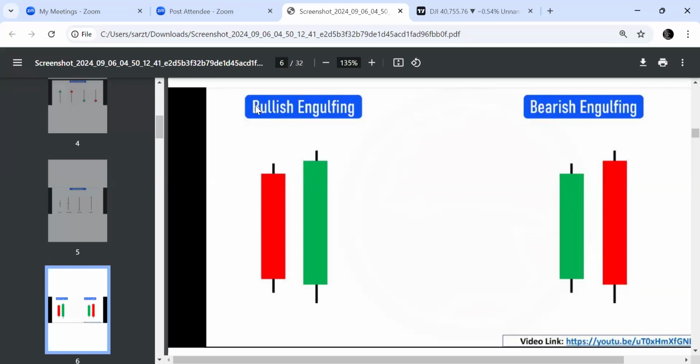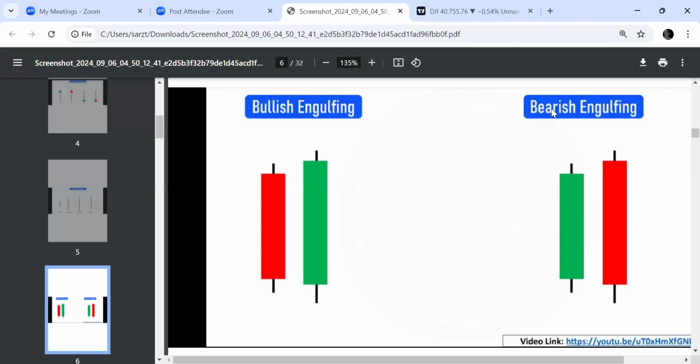When the price is increasing, forming a green candle is very common, so at that time we can't call it bullishness. So the bullish engulfing pattern will be used when the price is falling.